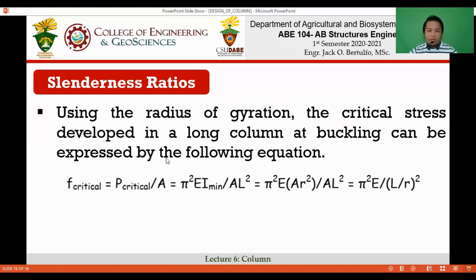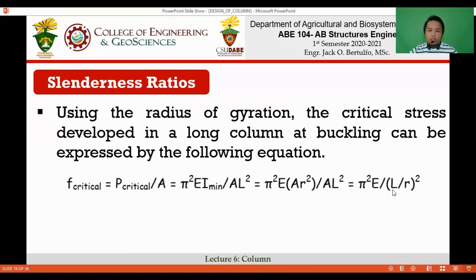So by simple manipulation, we can calculate that the critical stress for a long column can be calculated using this equation, which is pi squared E over the quantity L over r, squared. Now, this is the modified equation for calculating the critical stress, the compressive stress, for a long column.